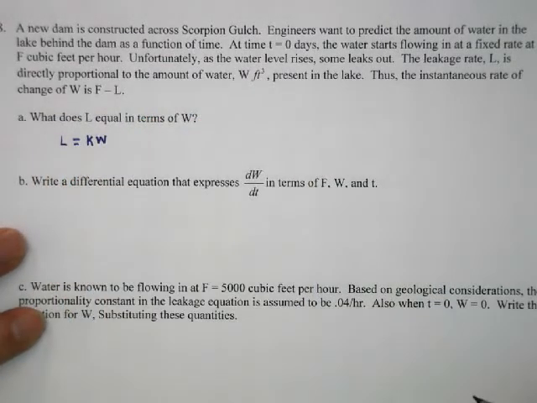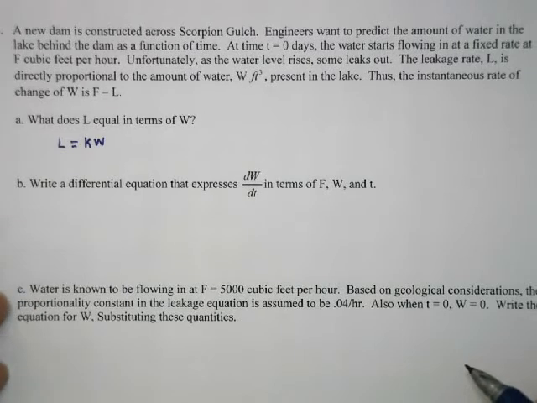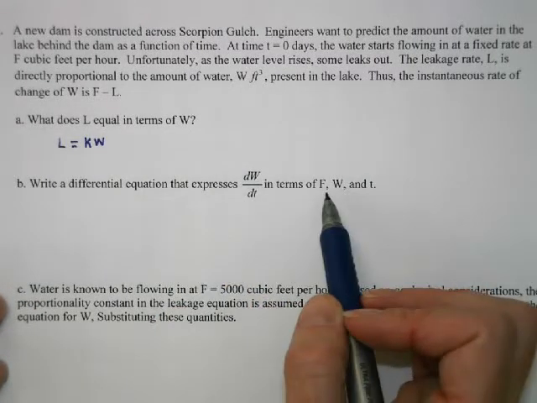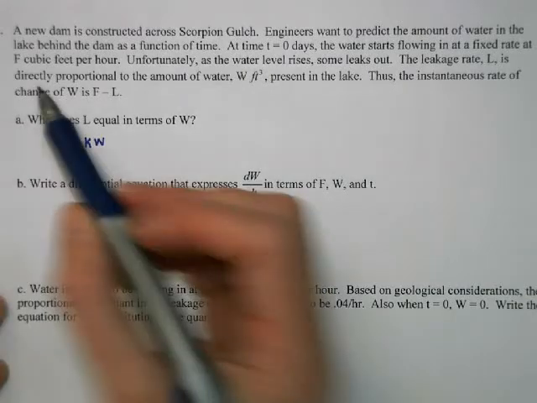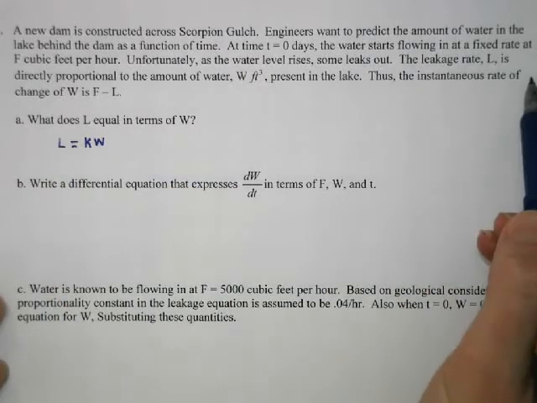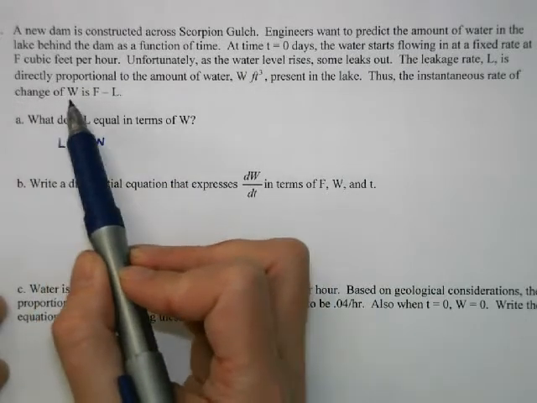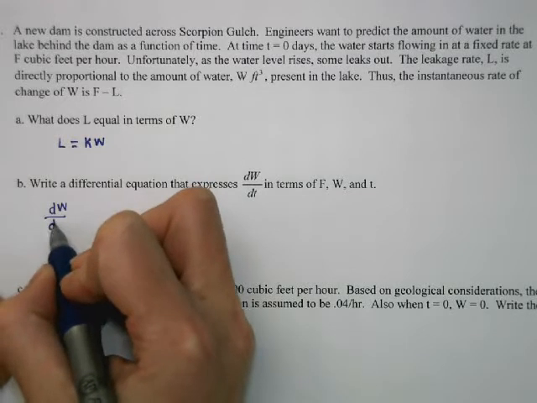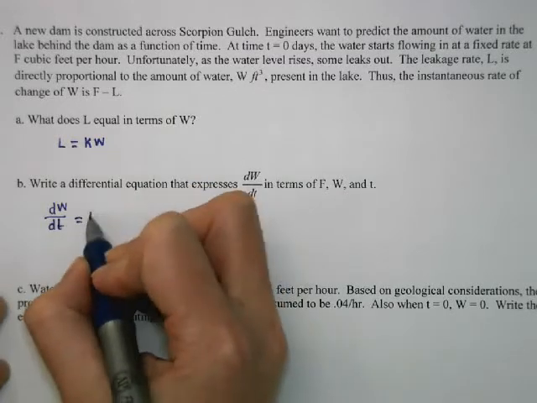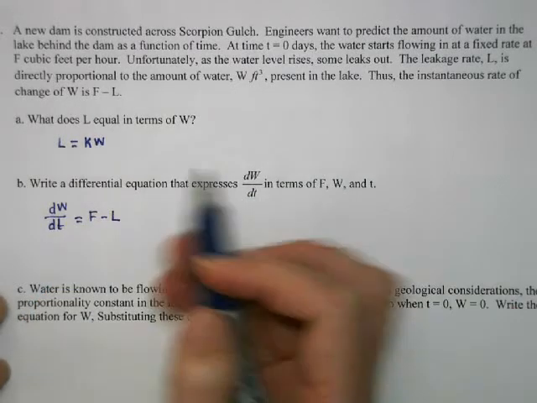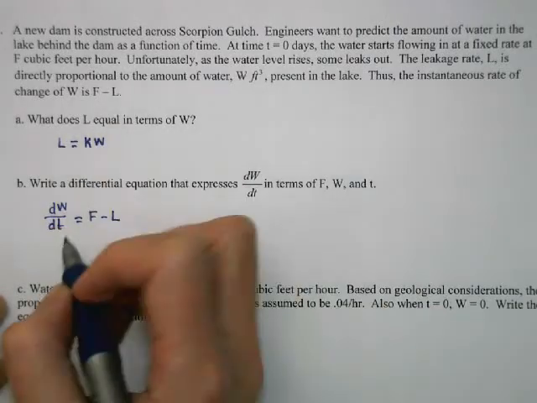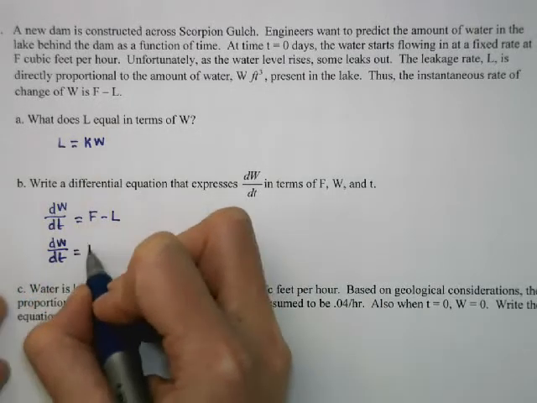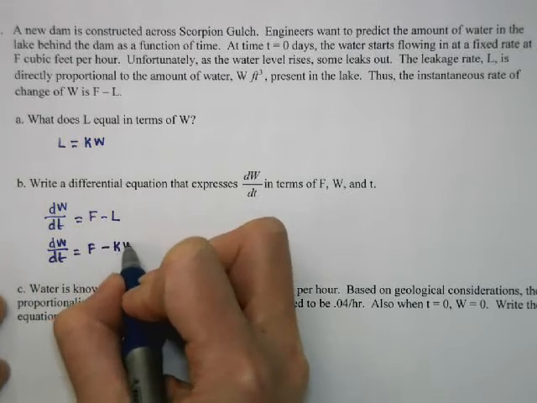And it says write a differential equation dW/dt in terms of F, W, and t. Well, this statement, the instantaneous rate of change of W is F minus L. So dW/dt is equal to F minus L. Well, we said L is KW. So this is going to be F minus KW.